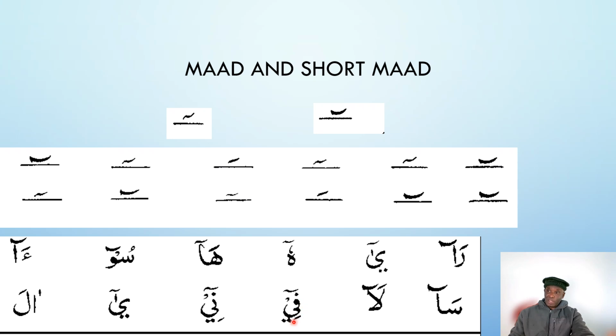You put fi, but they're just telling you that you have to pull longer. This mostly appears when you are reciting the Quran, because when it comes to Tajweed, this is where it works. Ni, ya, ala, ala.